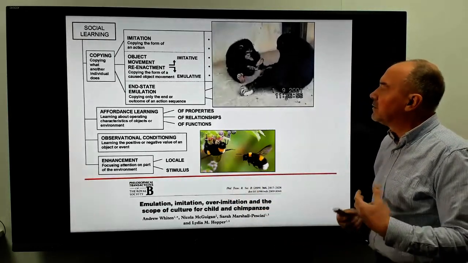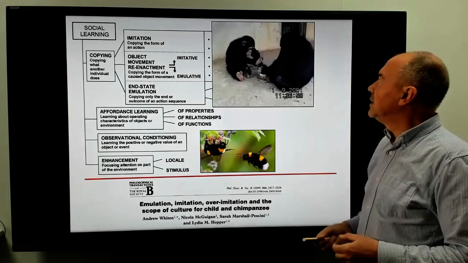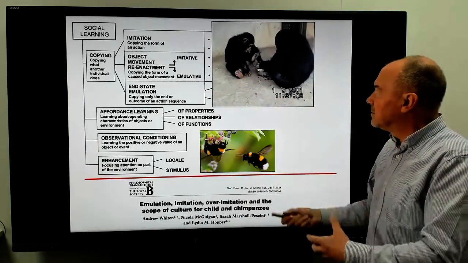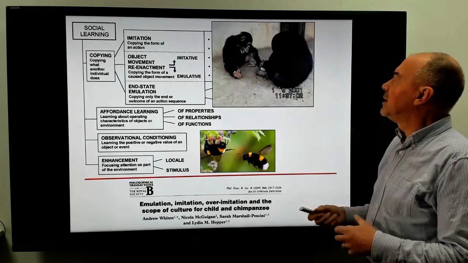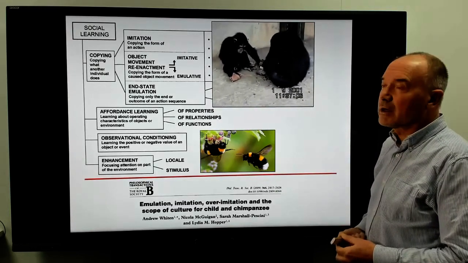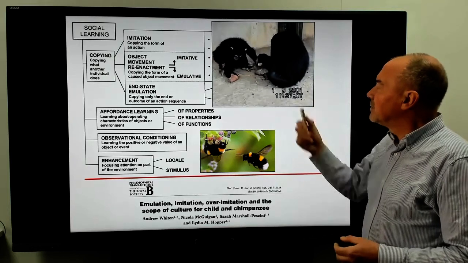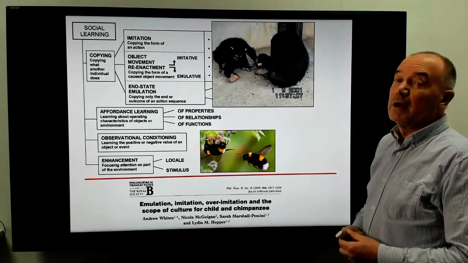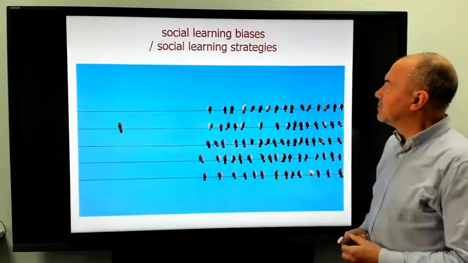It's the kind of matching that you're seeing here as this youngster matches the behaviour of the model that they're watching, an expert nutcracker in this case. I'll talk about that more again in a later lecture in the module.